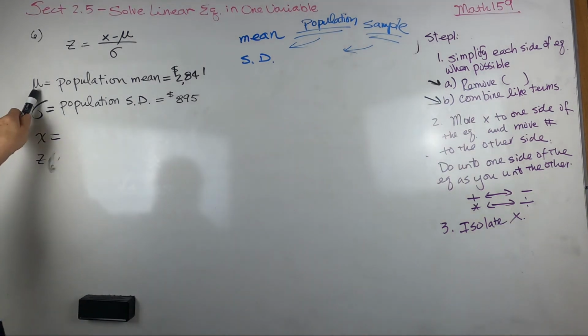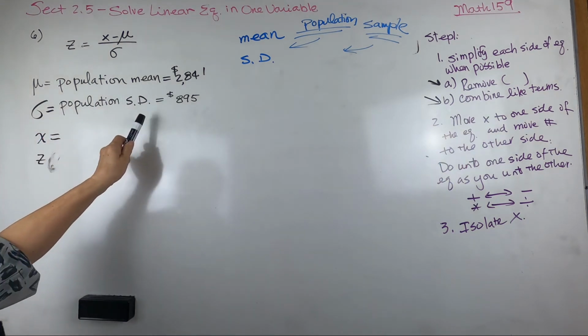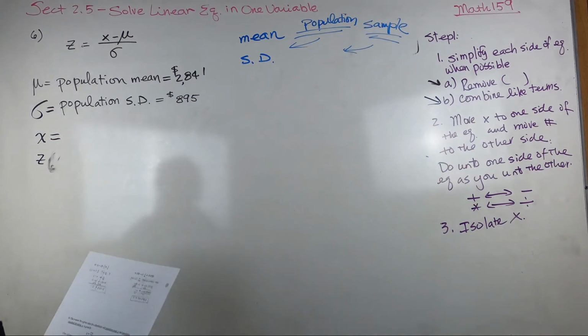We always use mu for population mean. We use sigma for population standard deviation. Then in the wording, it will tell you what the number is.